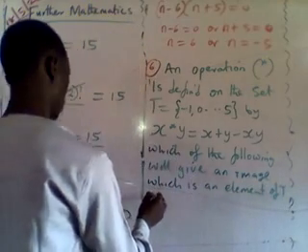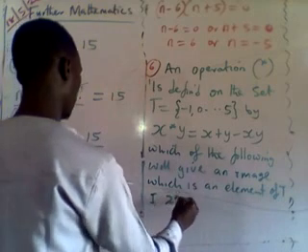So when we go 1, we are having 2 operation 5.